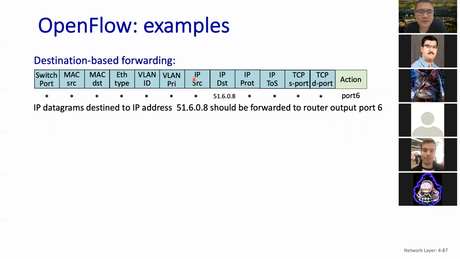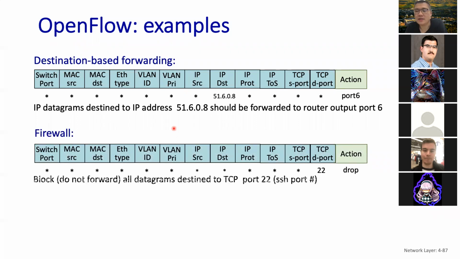Something else, because we mentioned that besides destination-based forwarding, we can also have other generalized forwarding techniques. For example, as I mentioned, it could be for security purposes, for the firewall. So you put TCP port number 22, action drop.